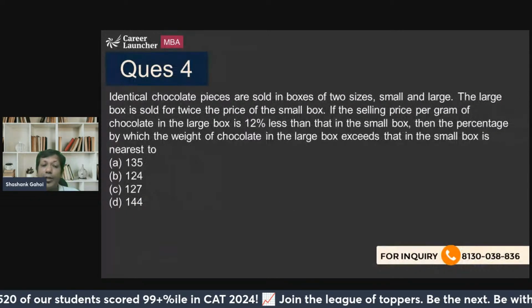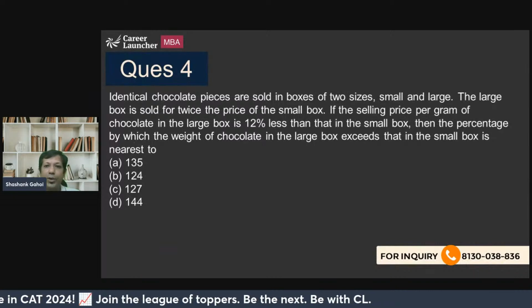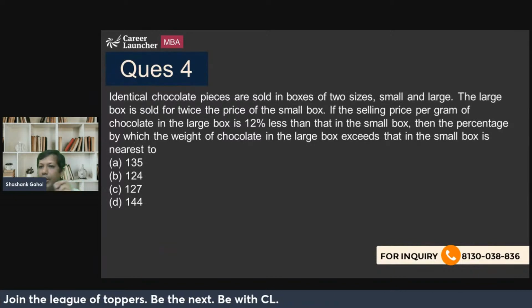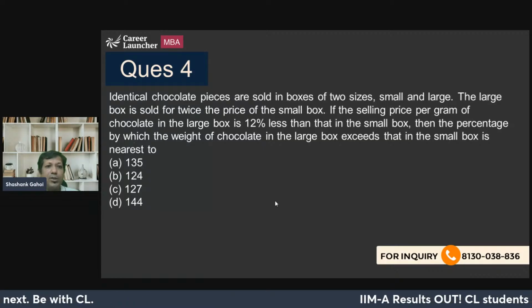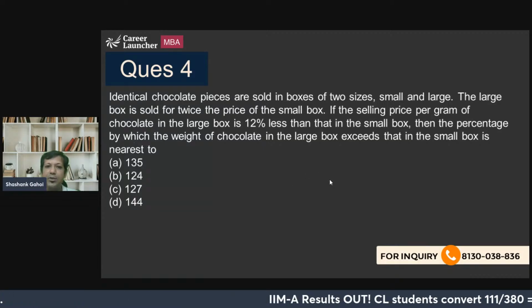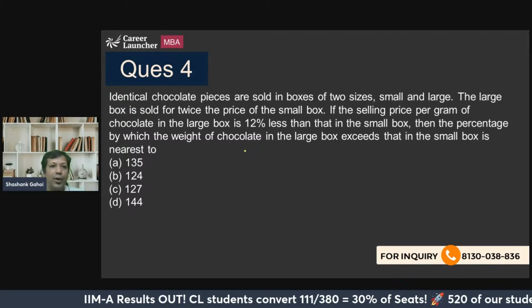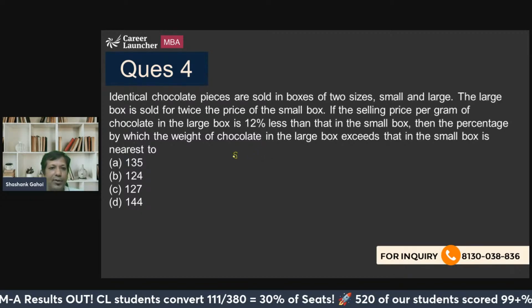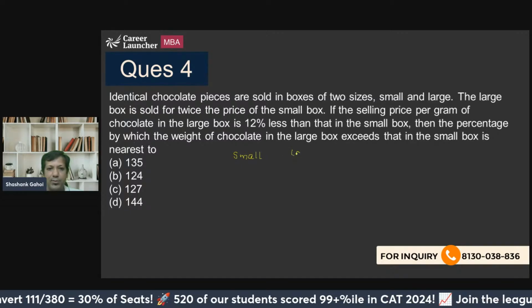Okay, now what does it say? Identical chocolate pieces are sold in boxes of two sizes, small and large. Now the large box is sold at twice the price of the small box. So basically what I'm saying is we have a small box and we have a large box.